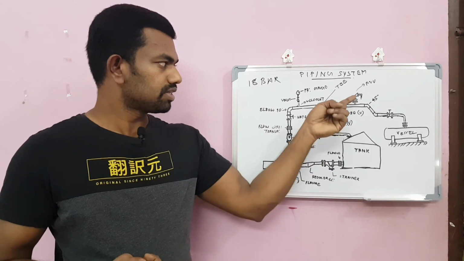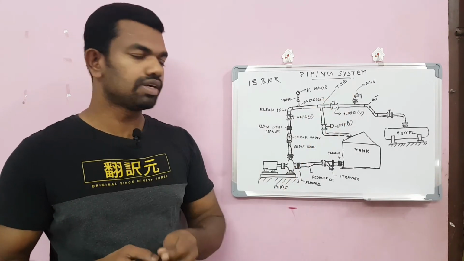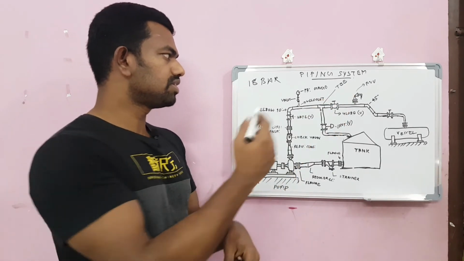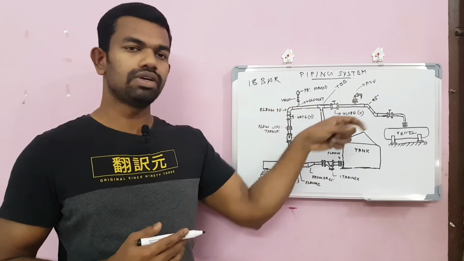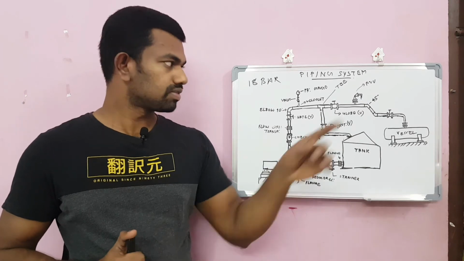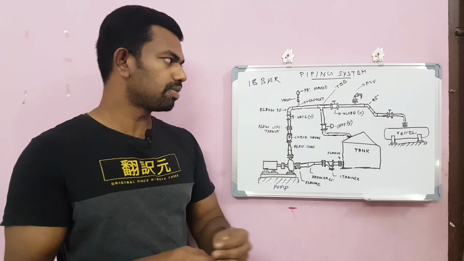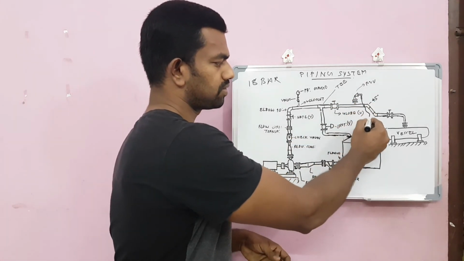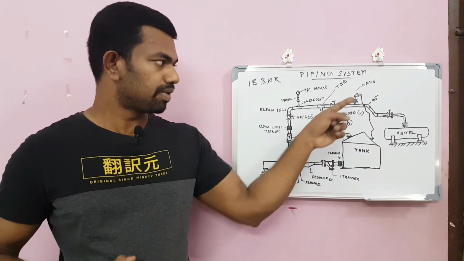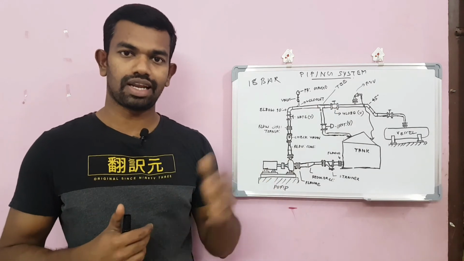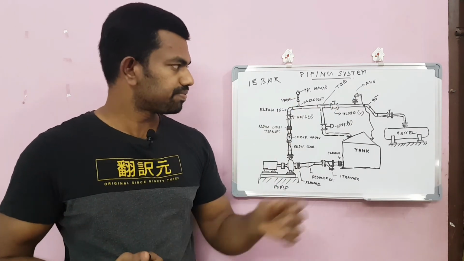So to protect it, this will be set at 18 bar. Once the pressure goes above 18 bar, this valve will open and the flow may be routed back to this tank. So this is the purpose of the PSV, to protect the lines from overpressure.